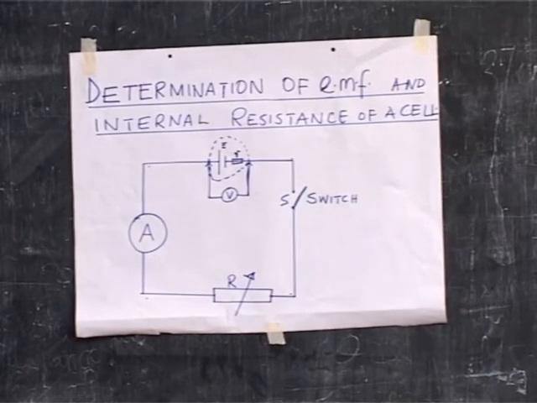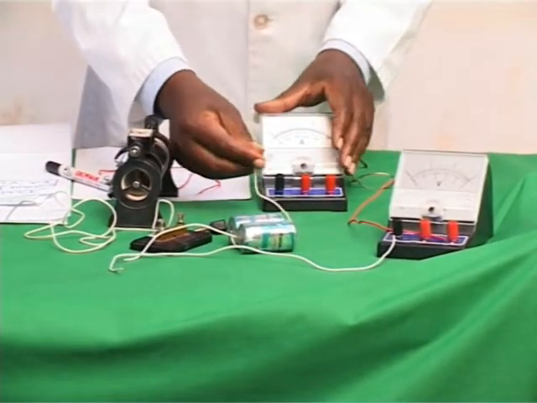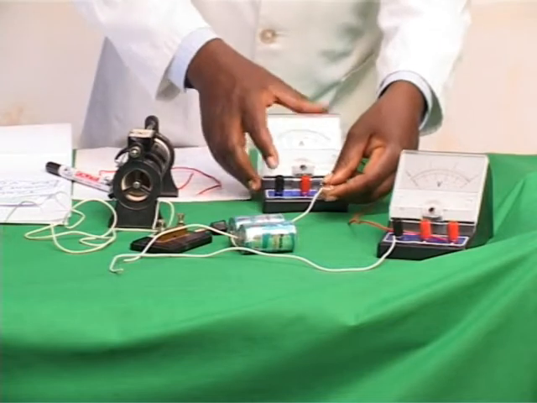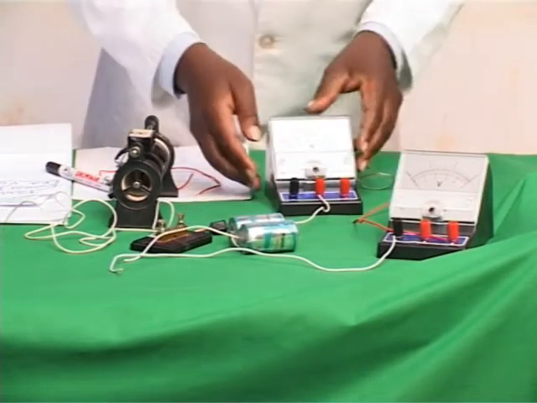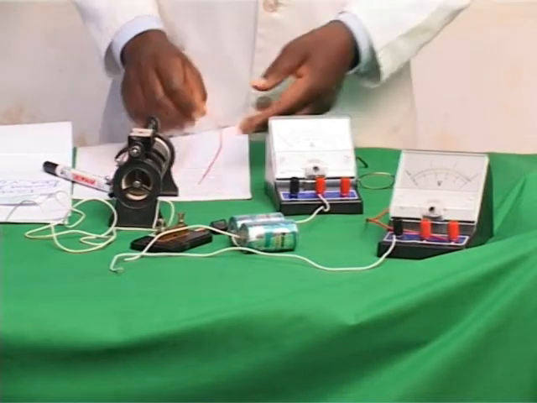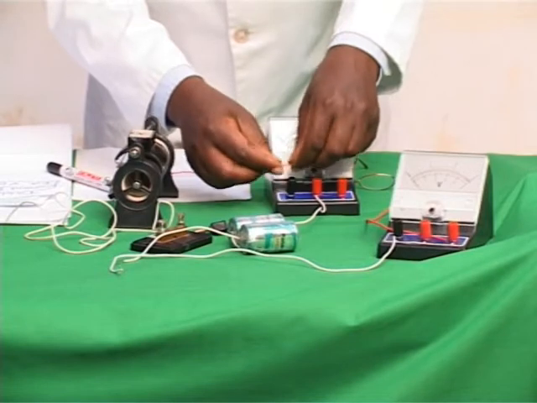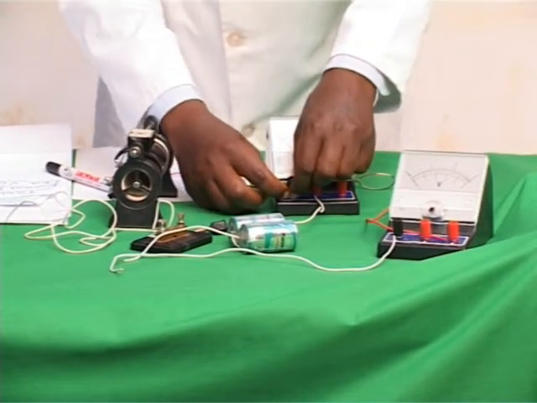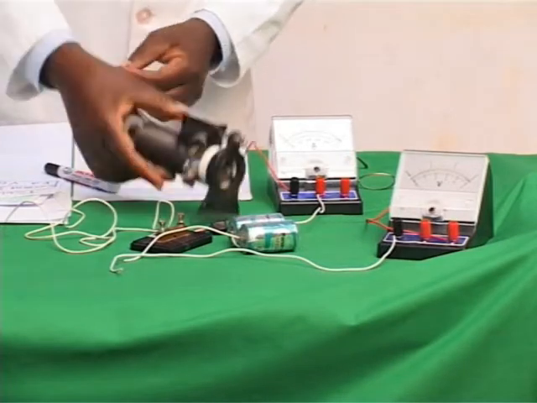Connect as follows. The positive terminal of the cell is connected to the positive terminal of the ammeter, and from the negative terminal of the ammeter we connect to the rheostat. This is a rheostat.